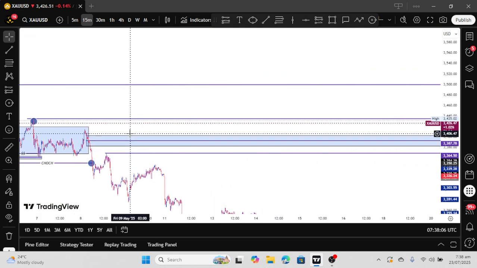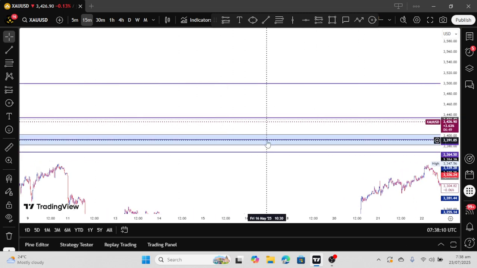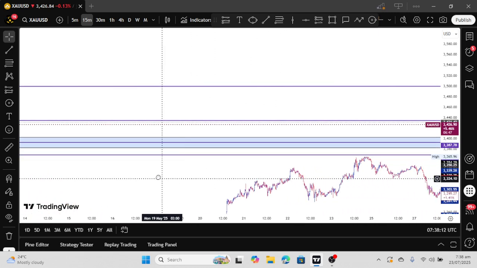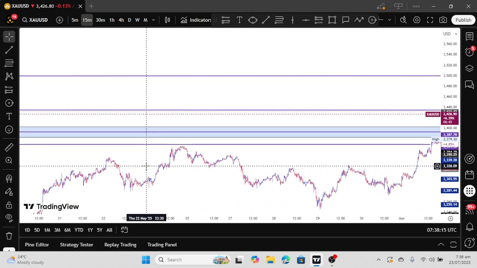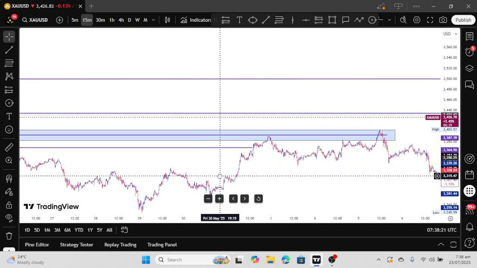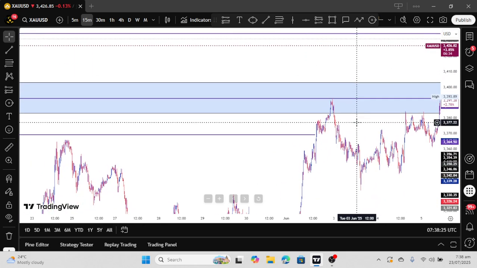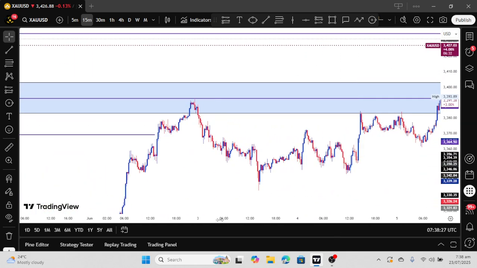At that point, whenever the price taps that zone, this blue line you can see in between is my 50%, the mid of my Fibonacci. I use the blue line to separate it. After tapping that zone, I just want to sell, because I want to sell.